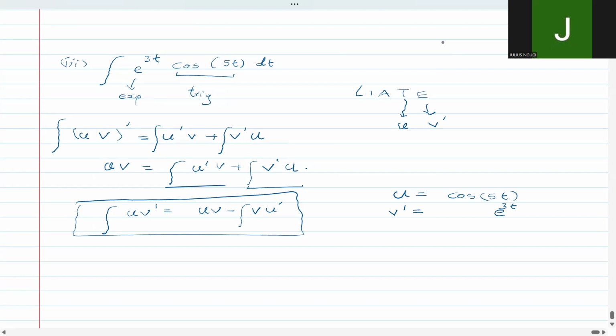So we have u, so we need to find u prime, which is minus 5 sine 5t. And we need to have a v, because we need all the things in this formula. And our v will be the integral. So it's the same function, exponential power 3t, but instead of multiplying by a 3, we multiply by the reciprocal of 3, which is the derivative of the power.